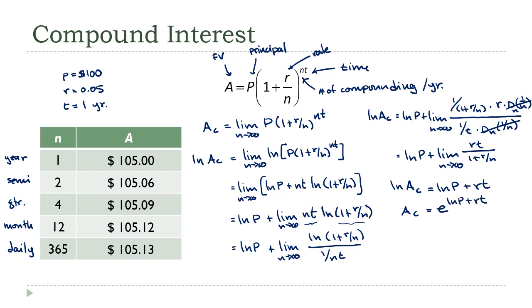And let's clean this up a little. This is e to the log of P times e to the rt. e to the log P is just P. So this is P e to the rt, and that gives us our formula. That is my formula for continuously compounded interest.